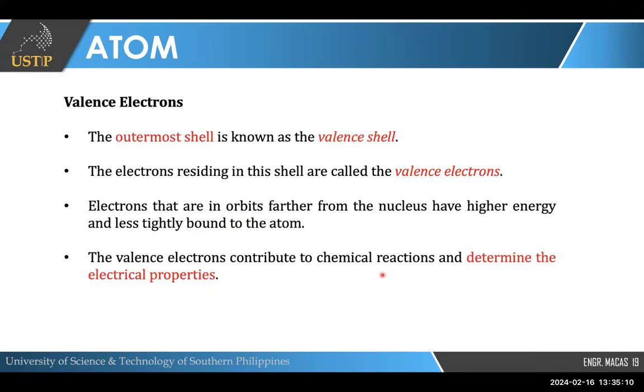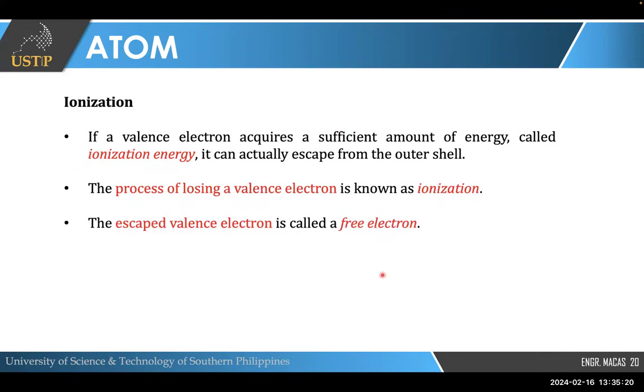Okay, now class. We know that valence electrons are the electrons that have the highest energy in an atom. How do we trigger these valence electrons so that they can jump from one atom to another? This is where ionization energy comes into play, class.